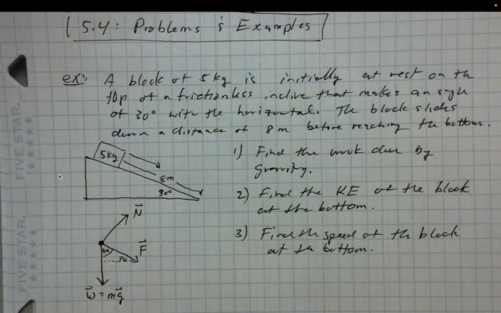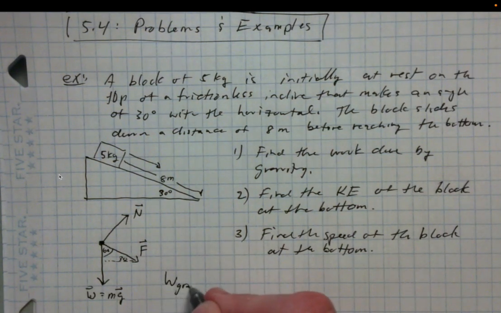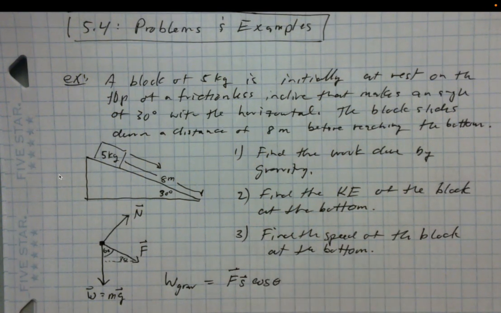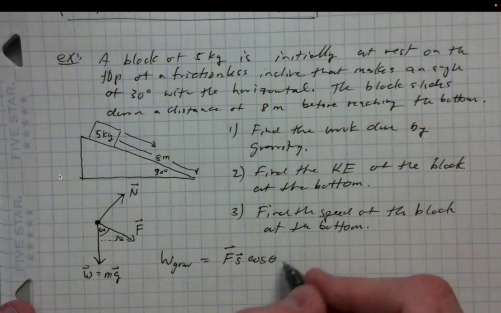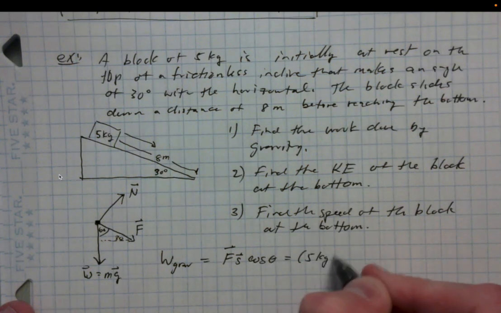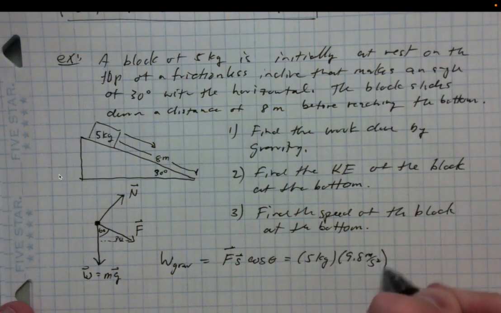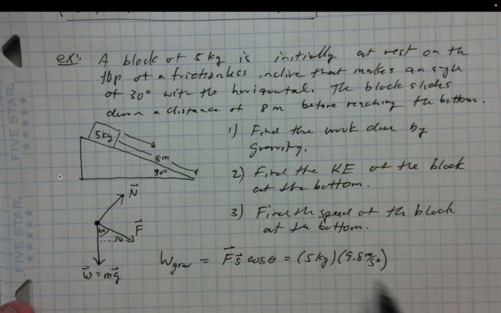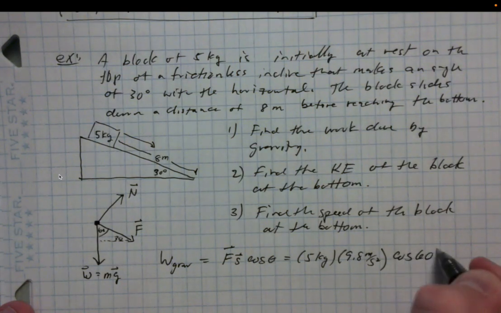But once you recognize that, the work done by gravity is just equal to the force times the displacement times cosine of theta, where theta is the angle between the two. This is the scalar product. So what do we get? We get 5 kilograms times 9.8 meters per second squared, that's the weight, the force, times cos 60 degrees.